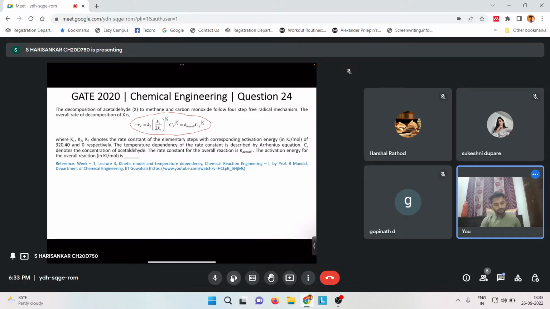So from these data we need to find the overall activation energy, or the activation energy for the overall reaction, right? So let us write the rate constant that is given here. So K overall is equal to (K2 into K1 by 2K3) the whole raised to 1 by 2. Okay, and they have said that this rate constant follows Arrhenius equation.